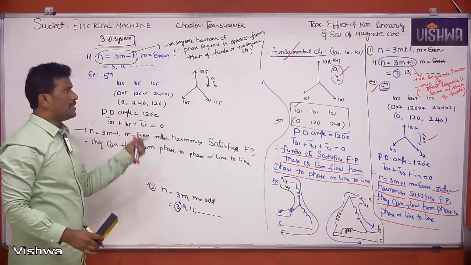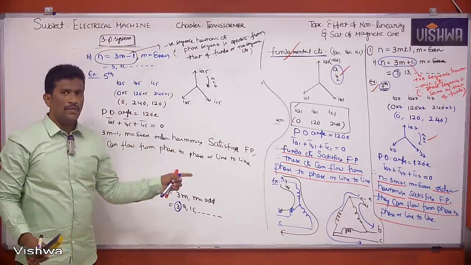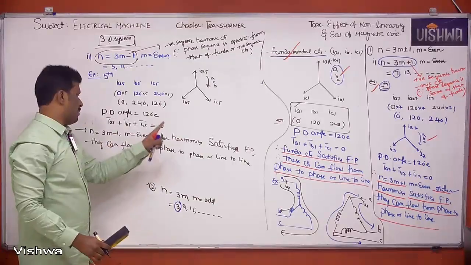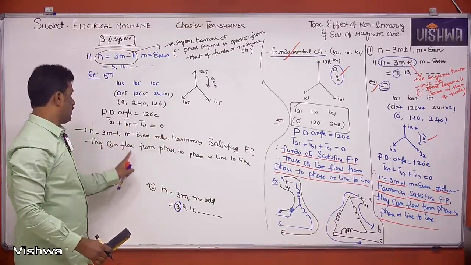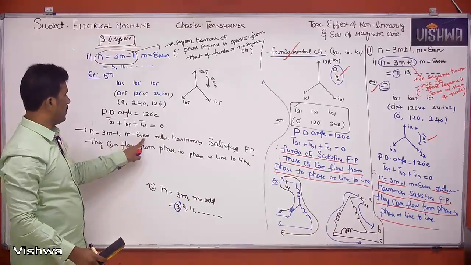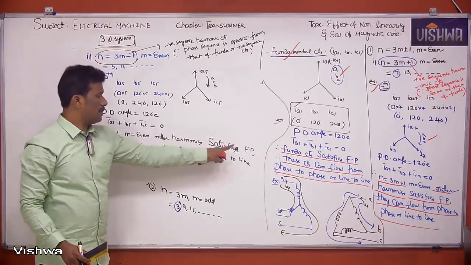Here also the phase displacement angle is 120 and the vector sum becomes 0. Here also they satisfy the fundamental property, so they can flow from phase to phase or line to line.